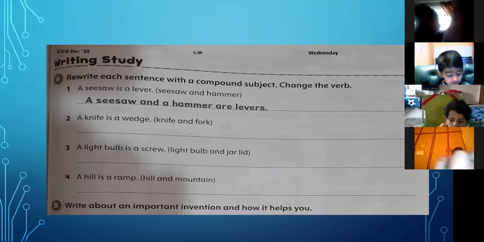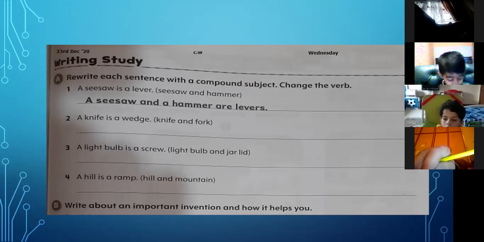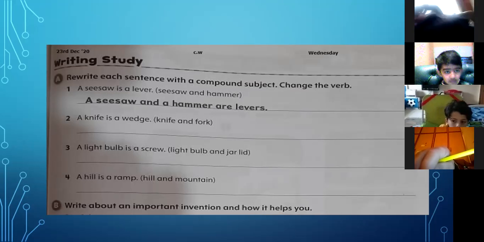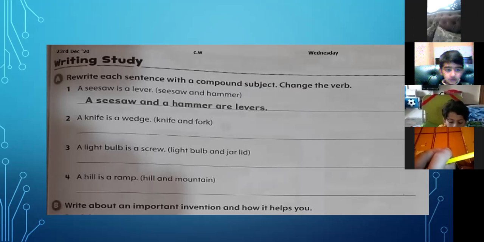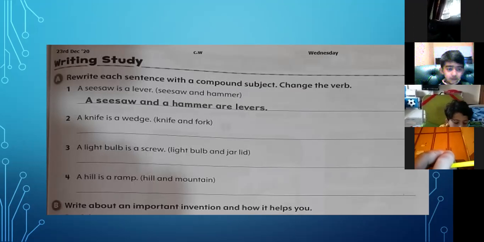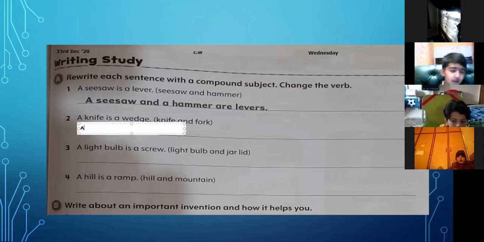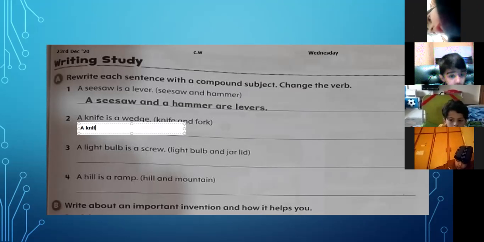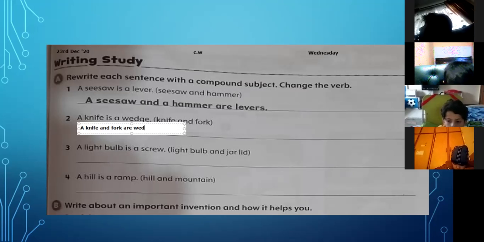A knife is a wedge, and the words given to you in the brackets are knife and fork. So what you would do? You would make a new sentence using the bracket words. So you would say, a knife and fork are wedges.